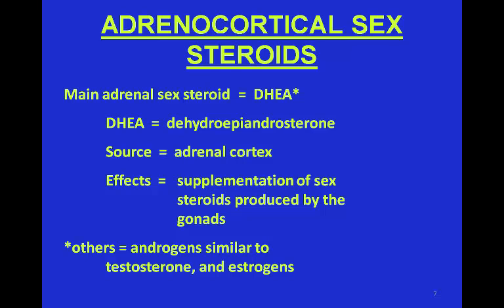The source of the DHEA and other sex steroids would be the adrenal cortex again. The effects of these steroids are supplementation of the sex steroids produced by the gonads.